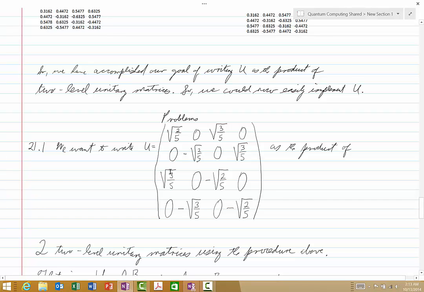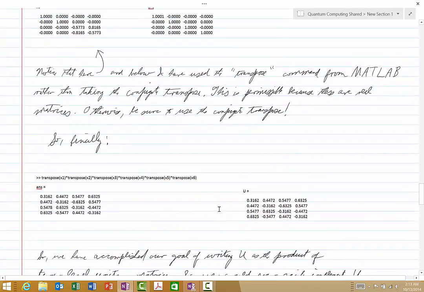The first one you will calculate will be to get rid of this square root of 3/5. And then the next one that you calculate will be to get rid of this negative square root of 3/5. That'll be your last matrix. So it will not correspond to the elimination of the term here in the last row and next to last column. So just keep that in mind.